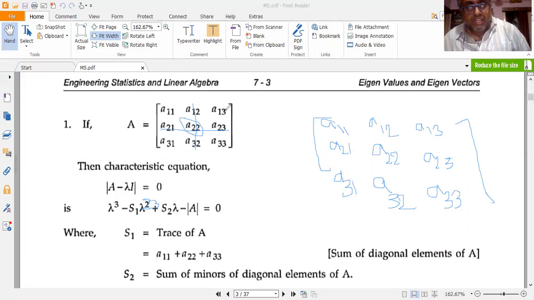Right? A11, A13, A31, A33 is the minor corresponding to A22 element. I have deleted A22 and I have to calculate the minor of A22. First see that A22 is the second row, second column element of matrix A. Now delete the second row and the second column element corresponding to A22.